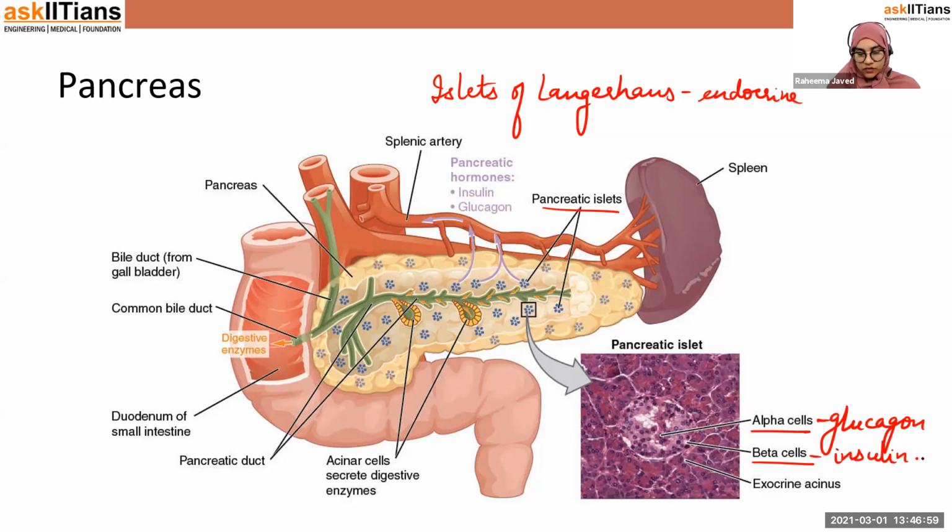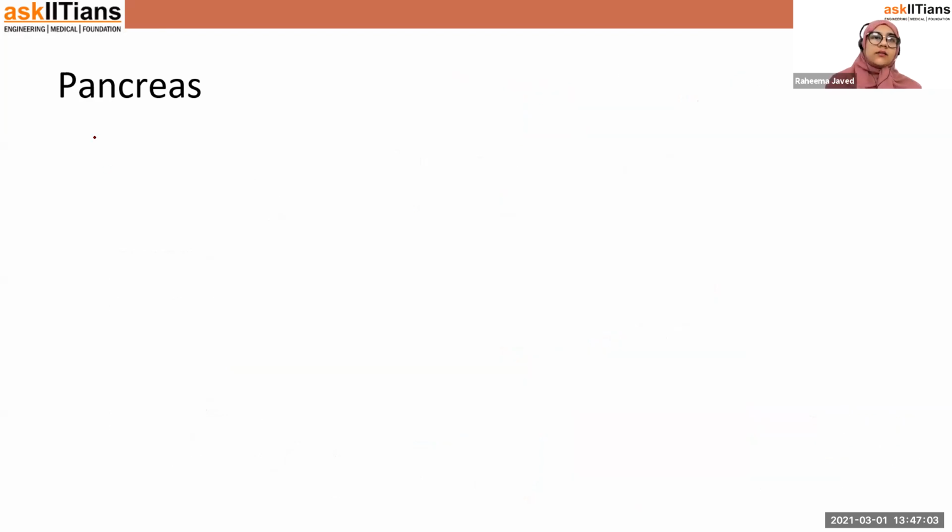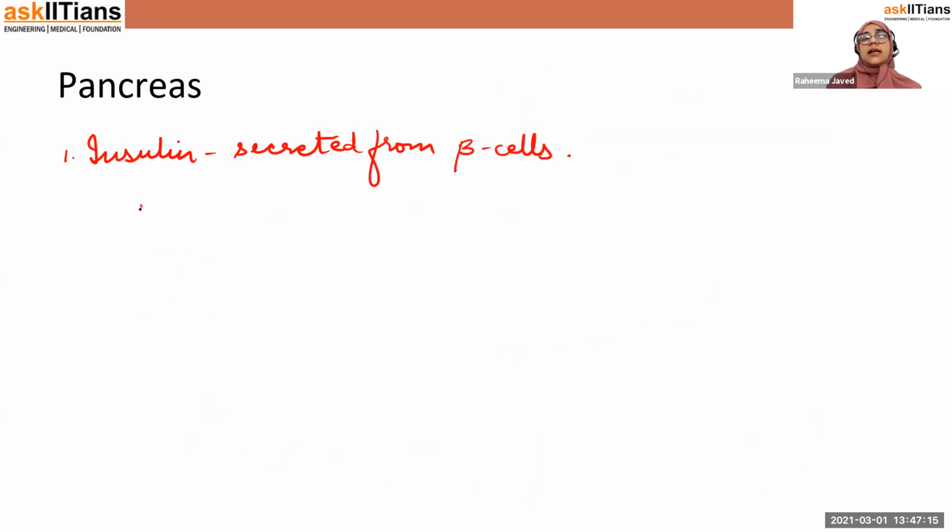Okay, so insulin is secreted from beta cells, and it comes out when the glucose is high in the blood.